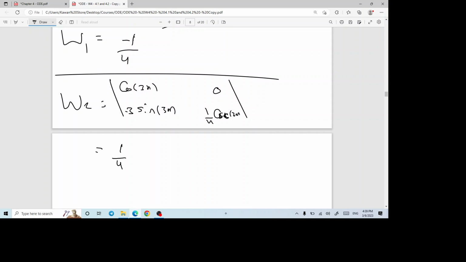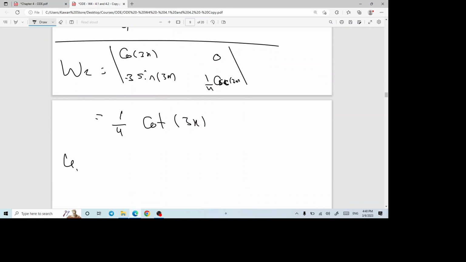You can say cotan, cosine over sine, right? Careful. So cotan 3x, or you can leave it as cosine multiplied by cosecant. Clear, dears? Do you have any question? Kindly let me know.